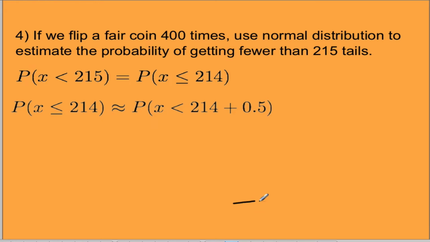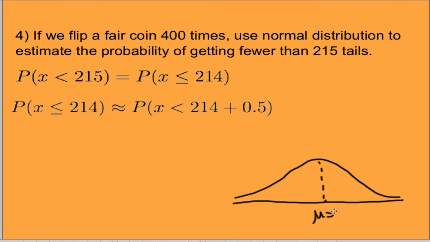Again, we're going to go ahead and draw the normal curve. We're going to label it. Mu we already know is 200 and the standard deviation is 10. 214 will be somewhere on the right side, but we want to be less than or equal to 214, so we want to find this area.